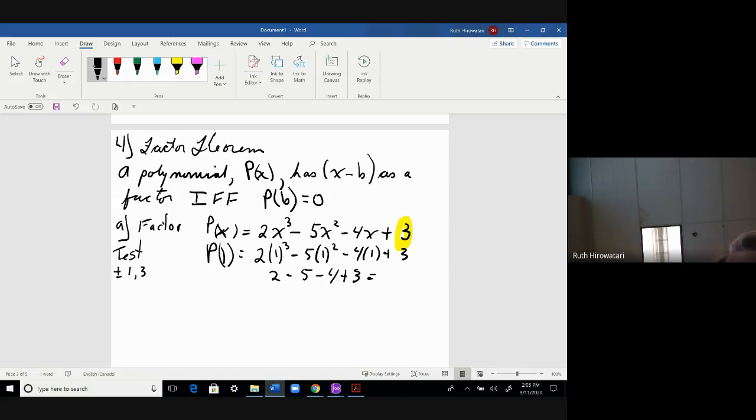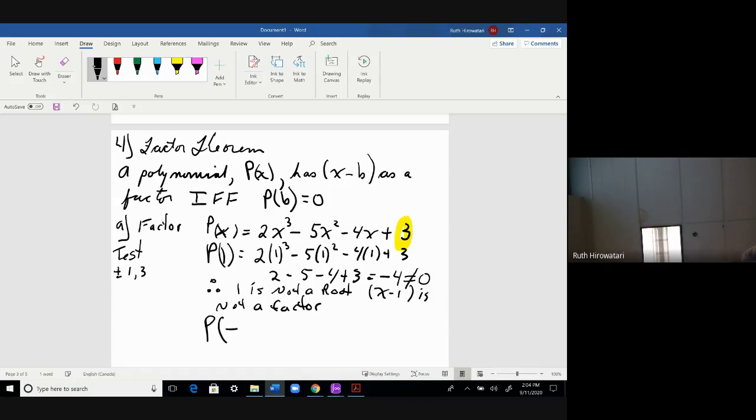Negative 3, negative 7... negative 4. Which does not equal 0. Therefore, 1 is not a root, and x minus 1 is not a factor. And you have to keep on testing until you find one.